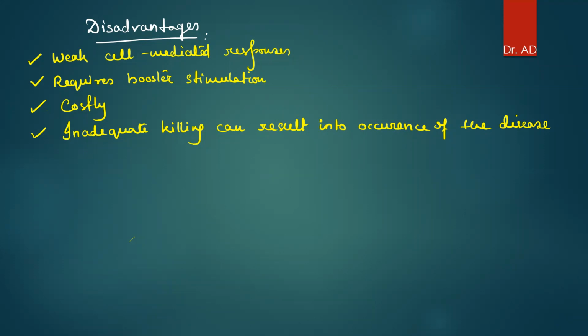these inactivated or killed vaccines. Fine. Now see, two types are there. Killed viruses can be used as vaccines. Killed bacteria can be used as vaccines. Fine. Now we'll talk about some examples.